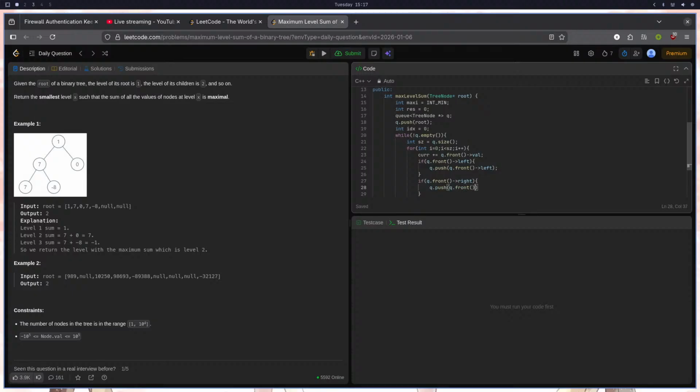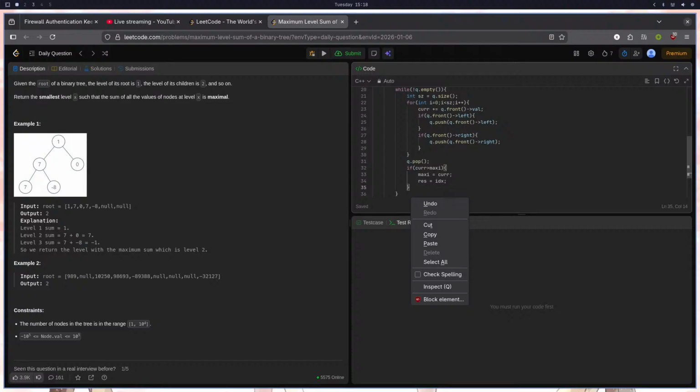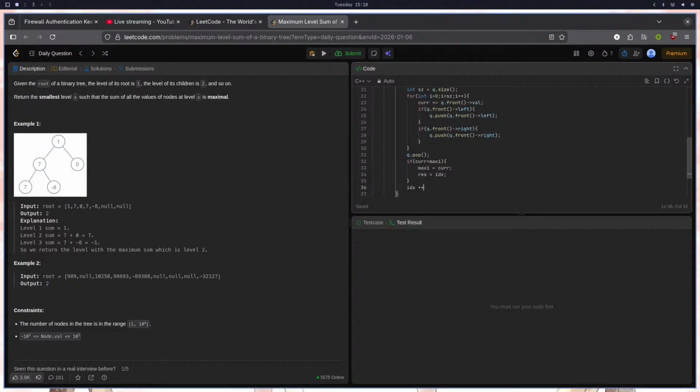This is a very ugly way of writing, but we don't care. Yes, q dot pop. If cur is greater than maxi, maxi equal to cur, res equal to idx, plus plus, res plus 1.